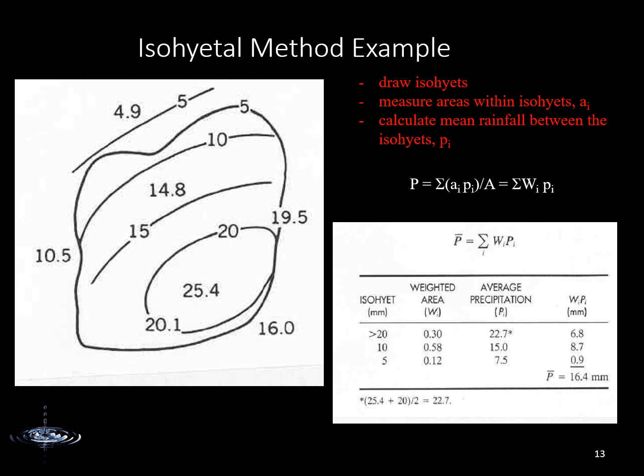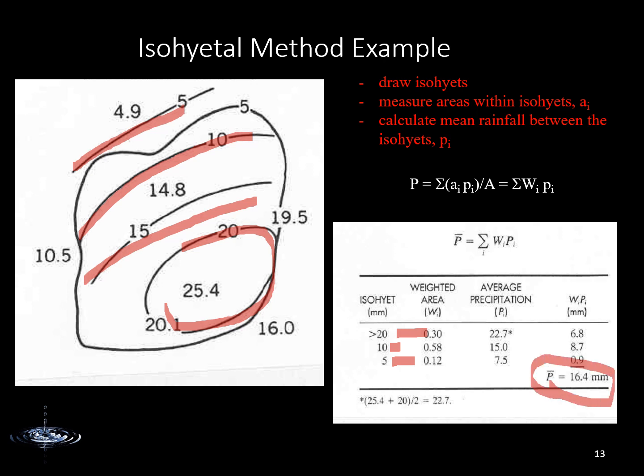You draw the contour lines: 5-meter, 10-meter, 15-meter, 20-meter contour, and then you calculate the area. So greater than 20, what is the area? Greater than 10, what is the area? Greater than 5, what is the area? And we multiply with the precipitation and you get the average rainfall. And again, you can see it is different than the Thiessen polygon technique.